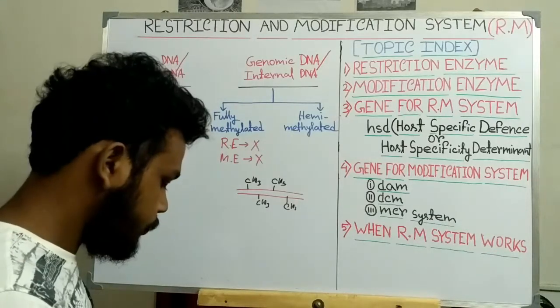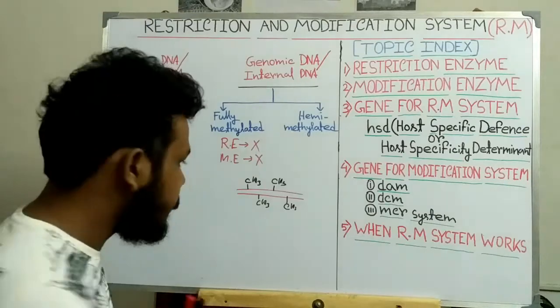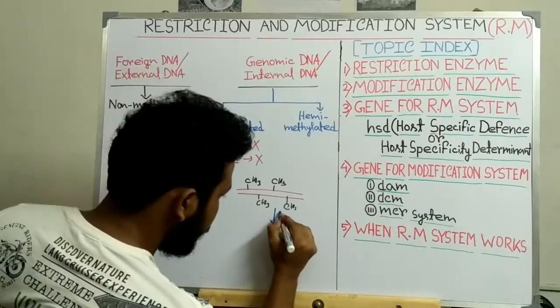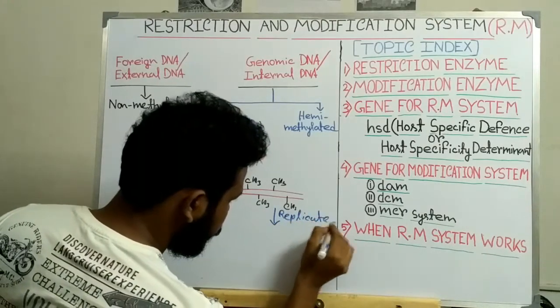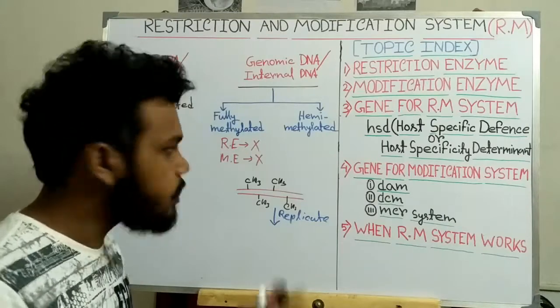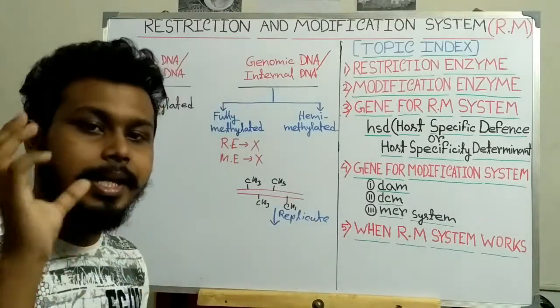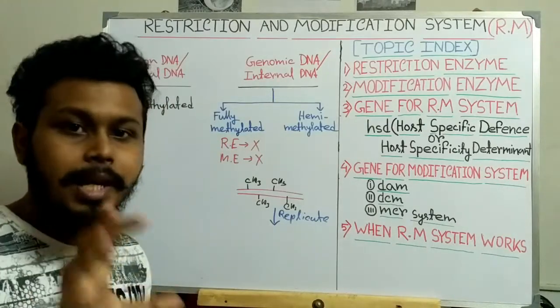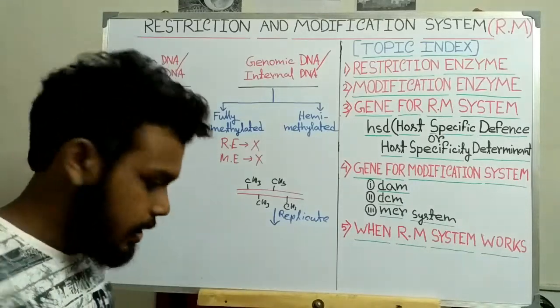And now when this fully methylated DNA replicates, it will produce hemimethylated DNA. That means one strand is methylated and the other strand is non-methylated because it is the newly produced DNA strand.